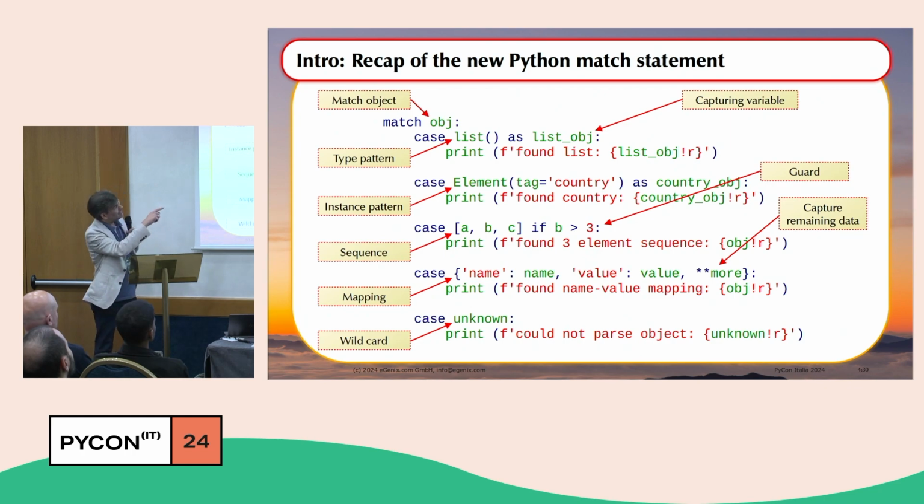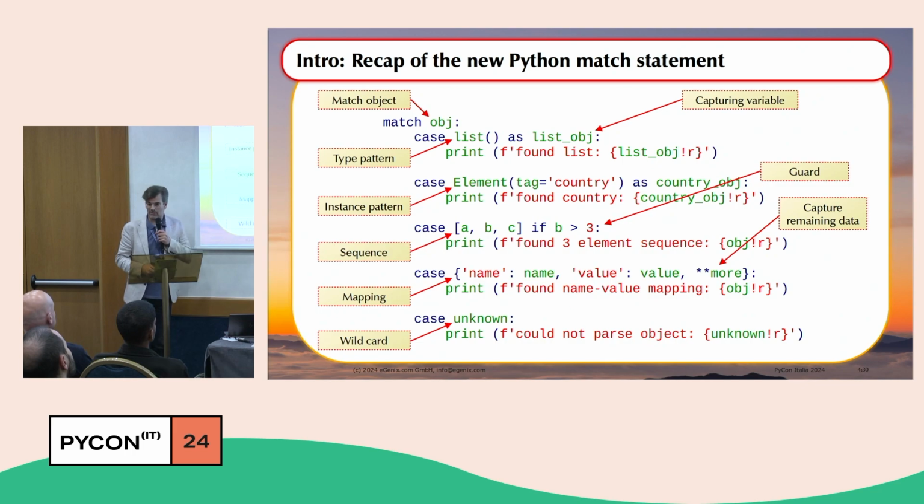I'm just going to very briefly go over these things. A type pattern basically matches a type. So whenever you have a list, then you go into the first case statement there. If you have an instance, then you can actually match that particular instance, and you also can look into that instance and match attributes of that instance. For sequences, you can use a list, like here.